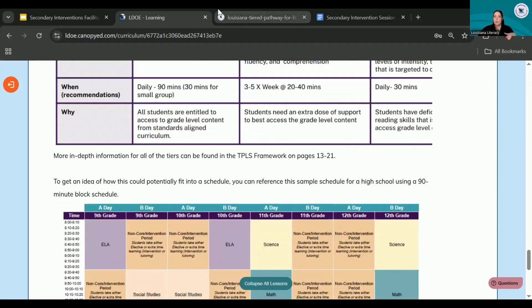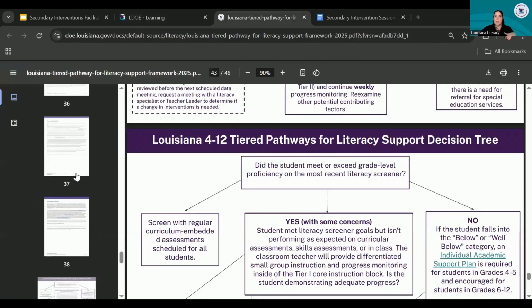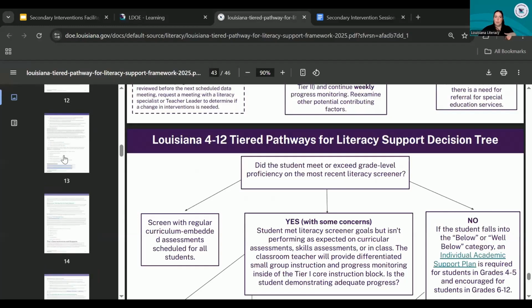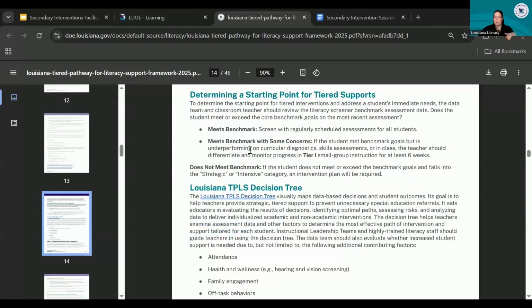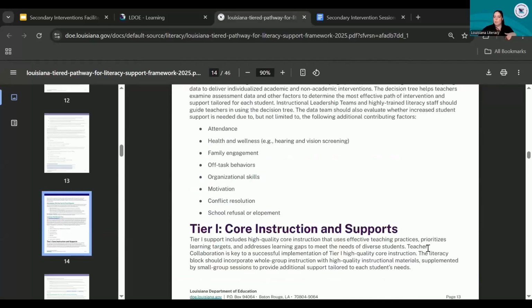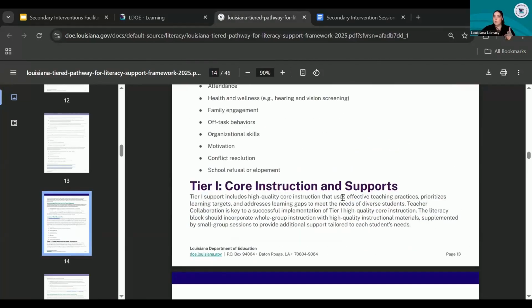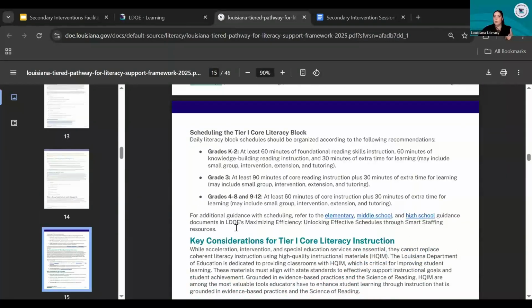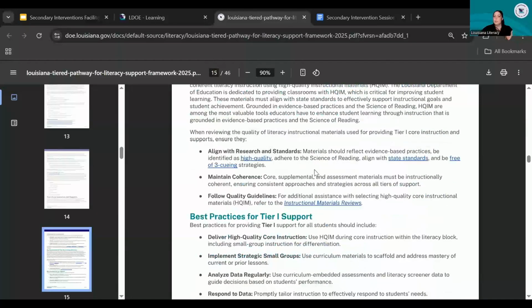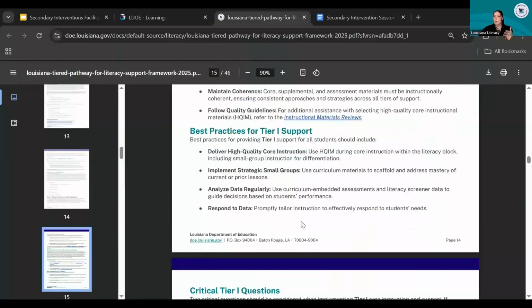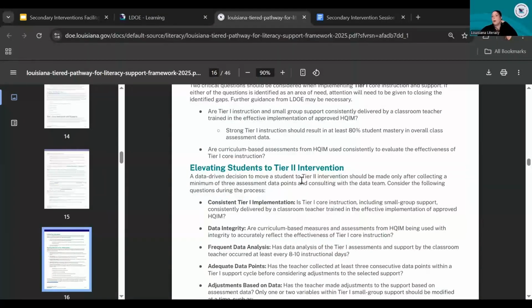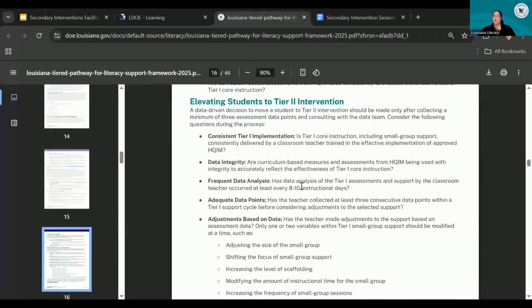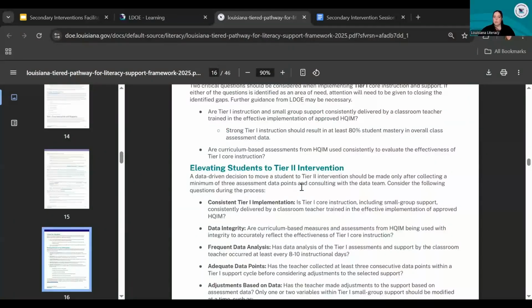If you go on the TPLS framework to pages 13 through 21, I'm going to bring you to those, starting here on page 13. Page 13 starts with tier 1 and goes more in depth for all the different grade bands, some considerations to make when you are in these tiers of support, some links to other support material that you might need, best practices, questions to ask yourself about tier 1, tier 2, and tier 3 support, and then when to start elevating students to other tiers.